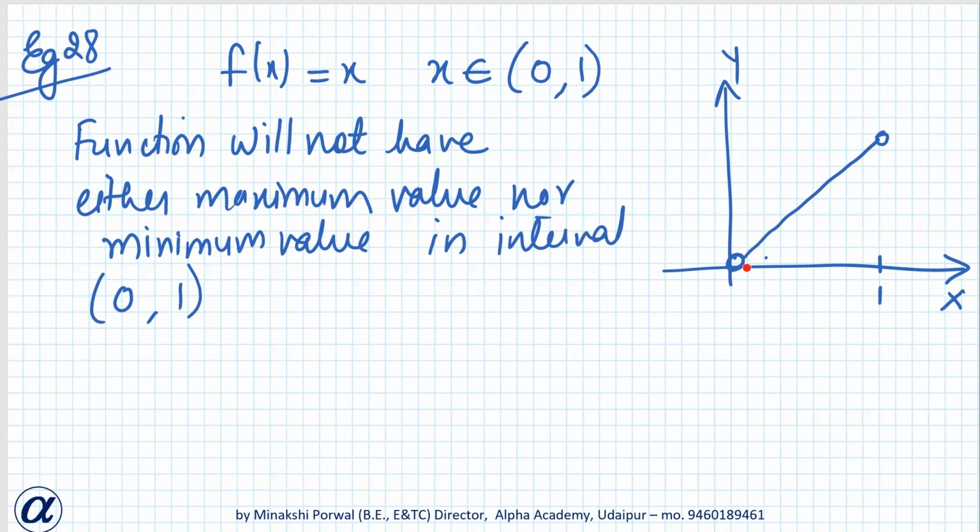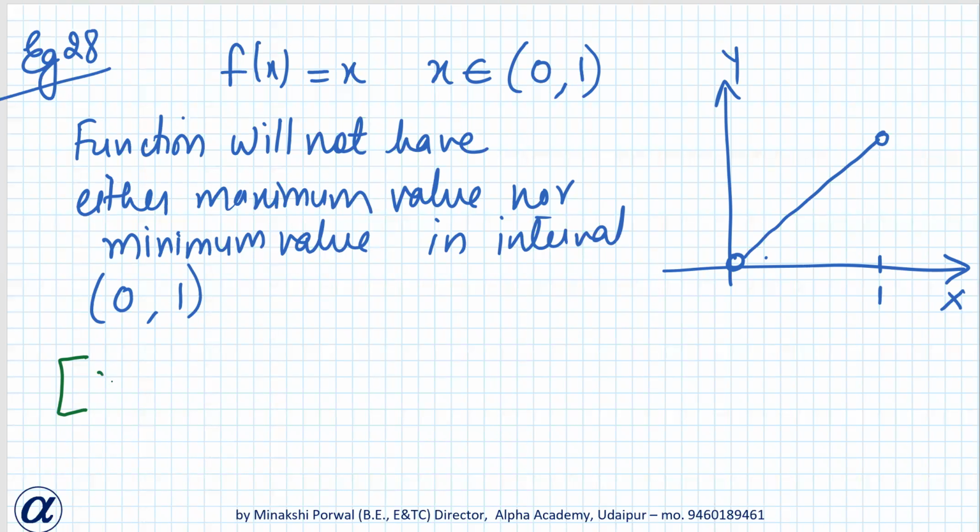So the minimum value would be just after 0 and the maximum value just before 1, but we don't know that point. Okay, are you getting what I am saying? Yes, ma'am. Okay, so in this case we'll write that the function will not have either minimum nor maximum value in this interval.